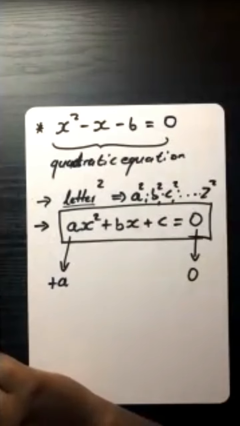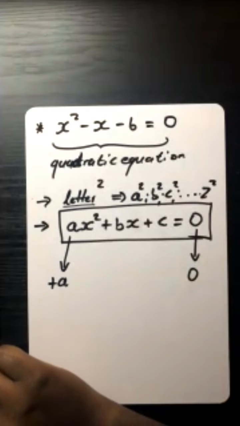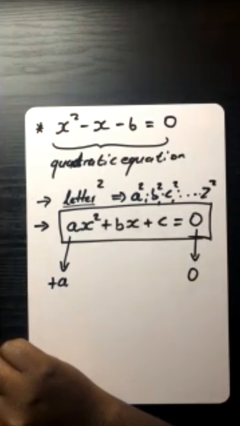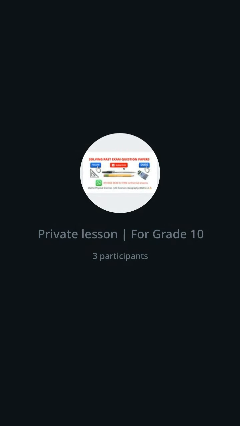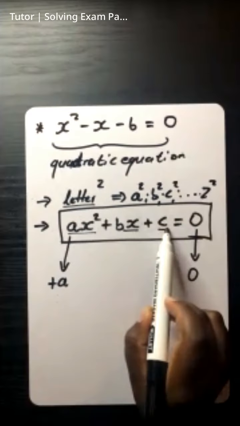And again, the question that you should ask yourself is, is it in the standard form? And the answer to that question will be based on this: is it in that order of x squared, x, then a constant?